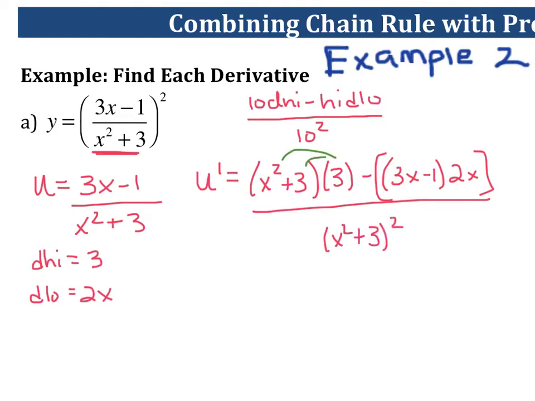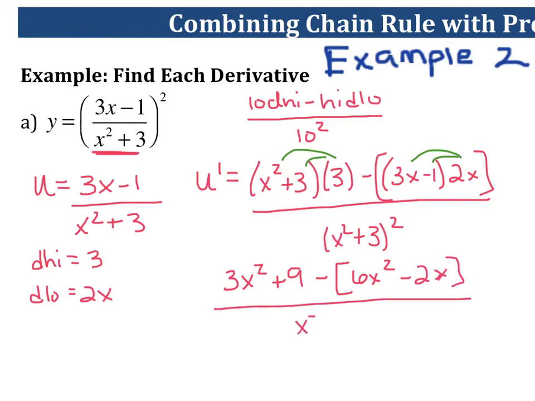Distribute your 3 into here, distribute your 2x into here. And that would leave me with 3x squared plus 9 minus, again, I haven't distributed that negative yet, so just hold off on that negative, (6x squared minus 2x), all over (x squared plus 3) quantity squared.